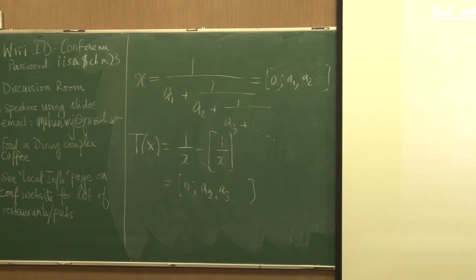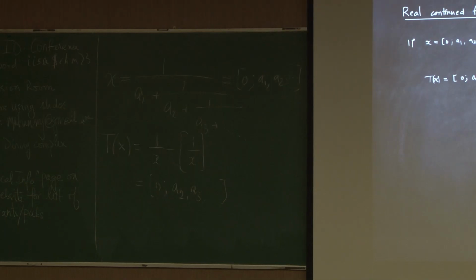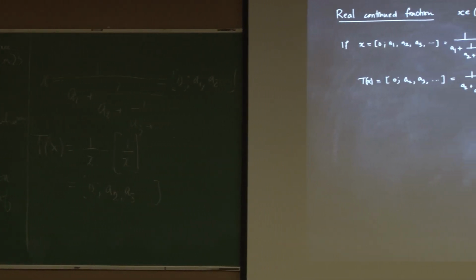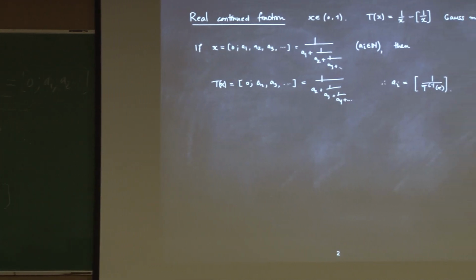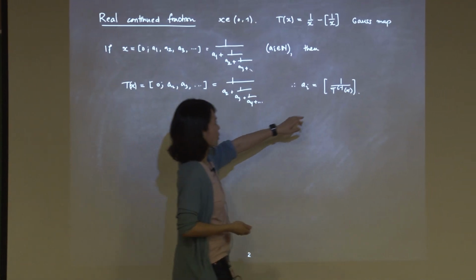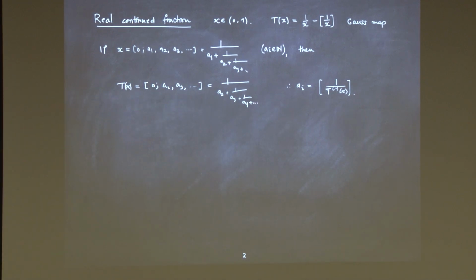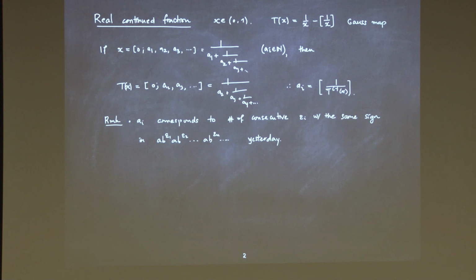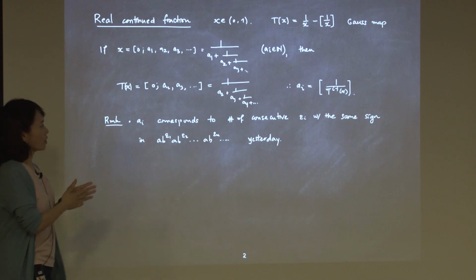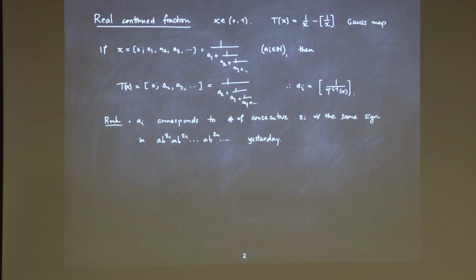Shift maps are what we like a lot in dynamics. And so we can go on and on. So a_i will be the integer part of 1 over T^(i-1) of x. So that's the usual continued fraction expansion. Some remarks: the basic fact is that a_i corresponds to the number of consecutive e_i with the same sign.